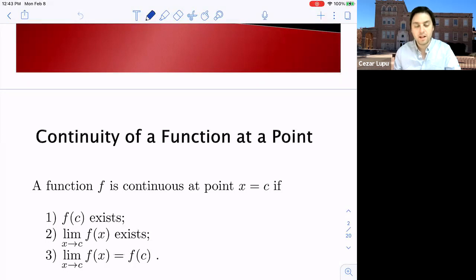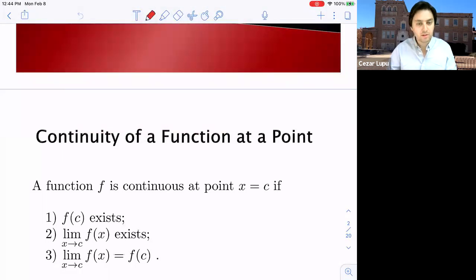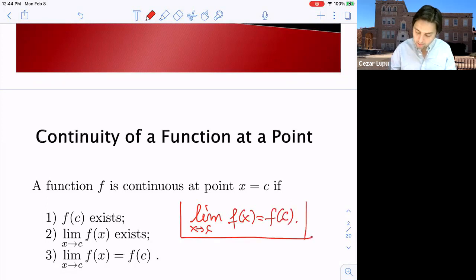It's not just that these two quantities, f of c and the limit as x approaches c of f of x, exist, but they must agree. So f is continuous at the point c if and only if the limit as x approaches c of f of x is nothing else than f of c. So that's what you need to know, right?